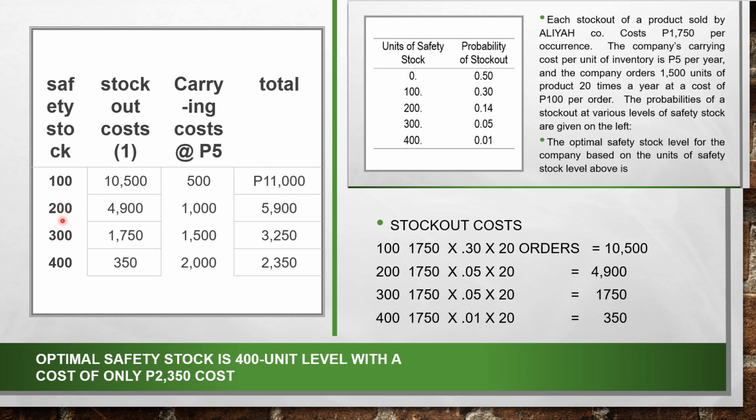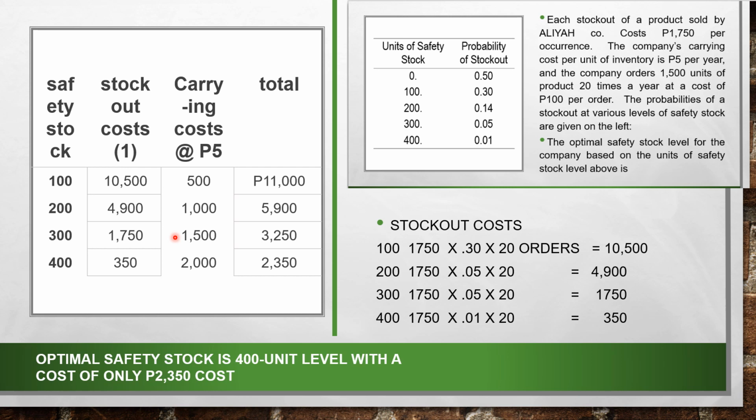The same with 200. Our carrying cost for 200 is 200 times 5, we get 1,000. So we just add the stock out cost that we computed earlier, 4,900. We have 5,900. At the 300 level, that's 300 times 5, 1,500, plus the stock out cost previously computed, 1,750.